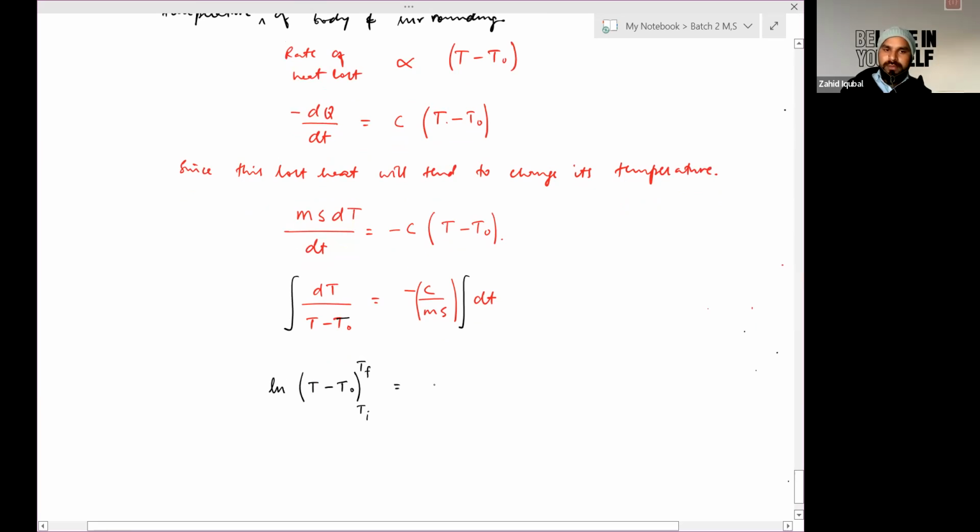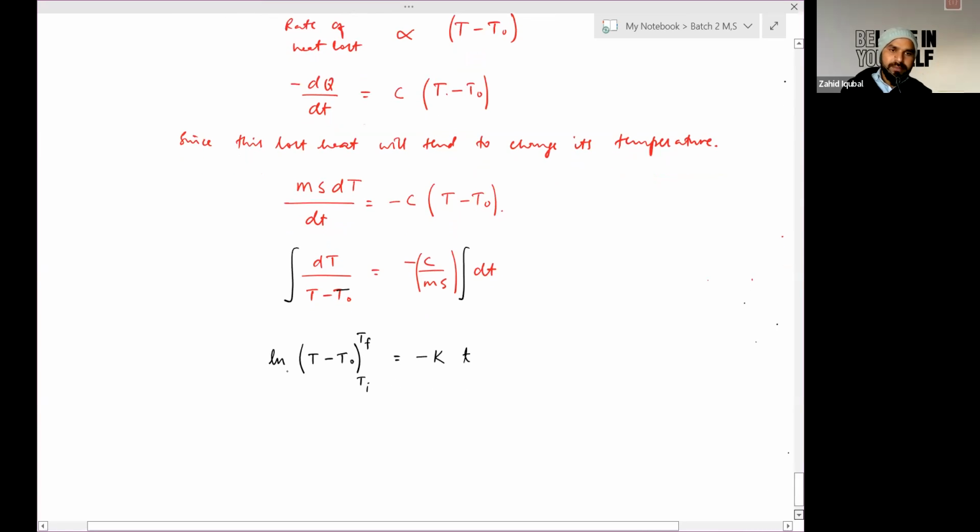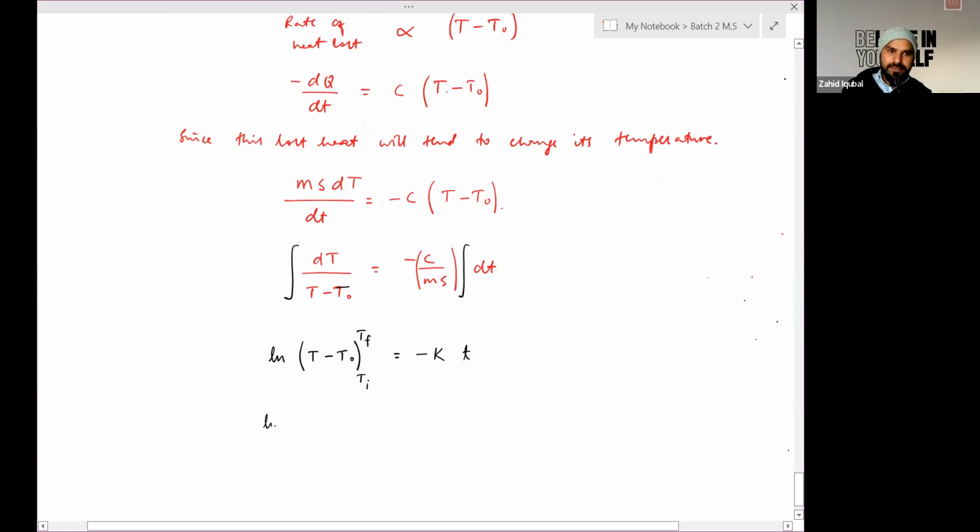This entire term will be a constant, let's say K times t. Putting the upper limit T final: ln(T final minus T naught) minus ln(T initial minus T naught) equals minus K into t.